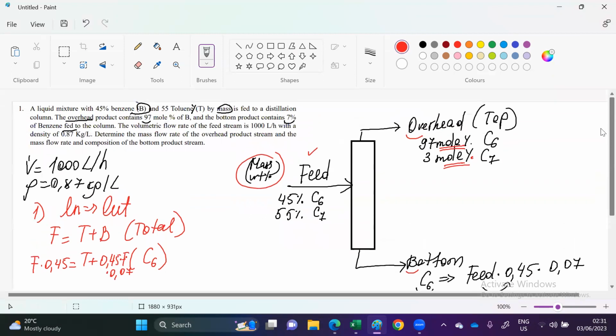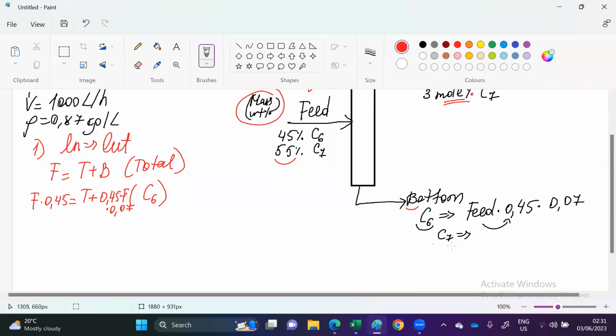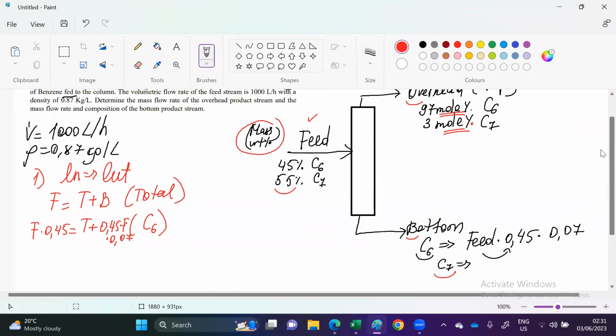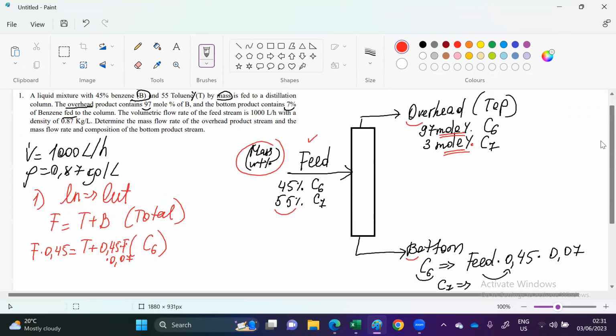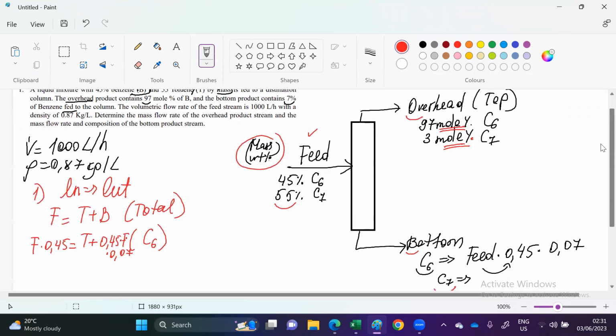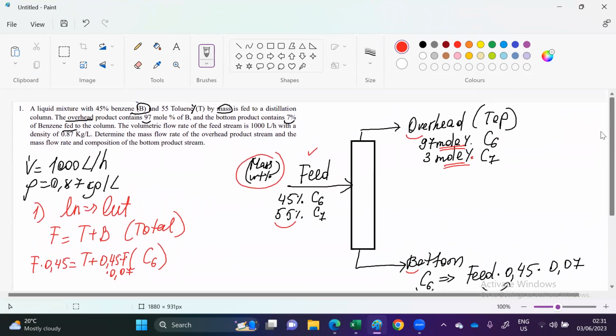And the same procedure for toluene: 0.55 multiplied by the feed equals the 3 mole percent C7, which should be converted into mass, plus the C7 given in the bottom. Hopefully it's clear. These are our first steps, which are mass balances.